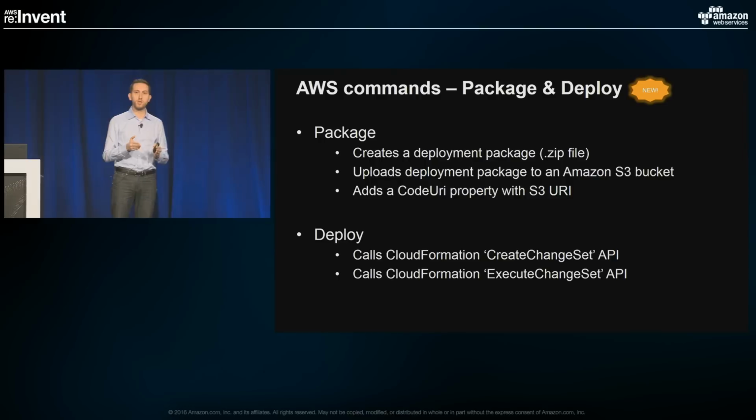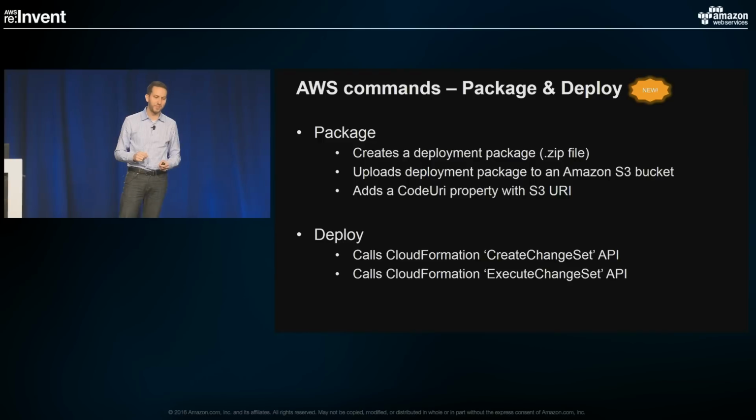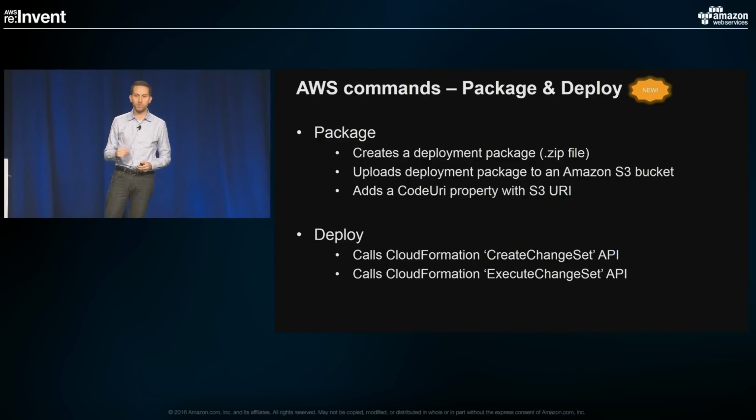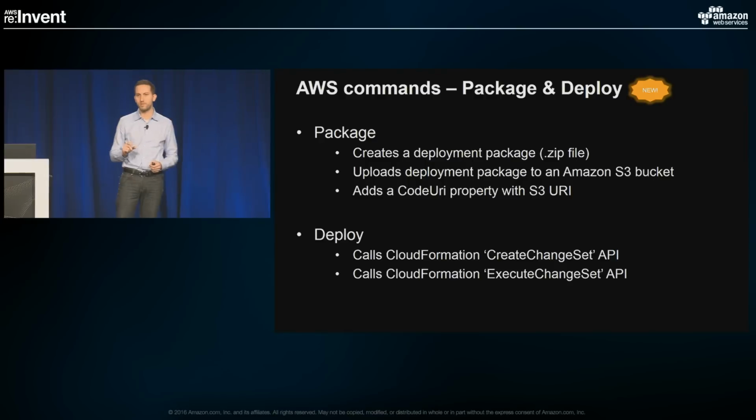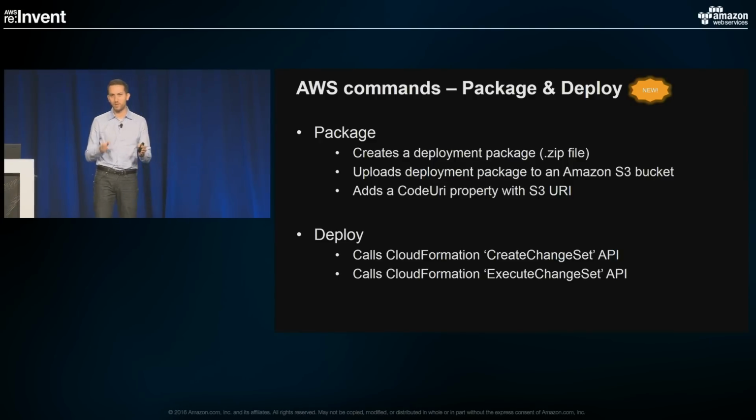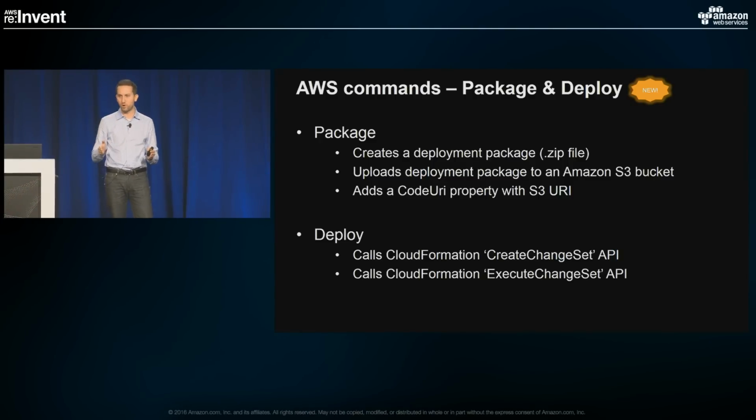After it spits out my new template with the code URI properties, then I can call the deploy command. And the deploy command wraps two API calls to CloudFormation. The first one is create change set, which unsurprisingly creates a change set. And a change set is the delta between your template and the resources provisioned in your account.